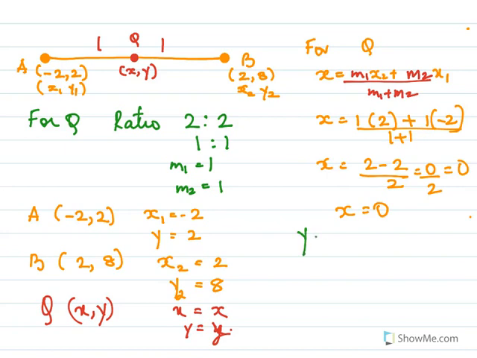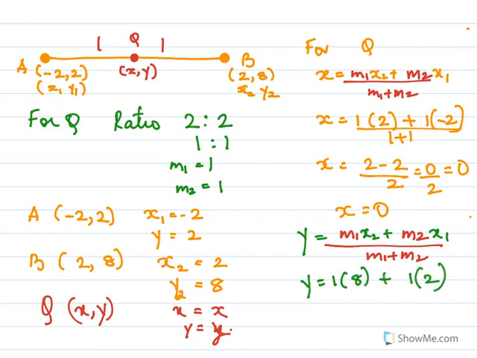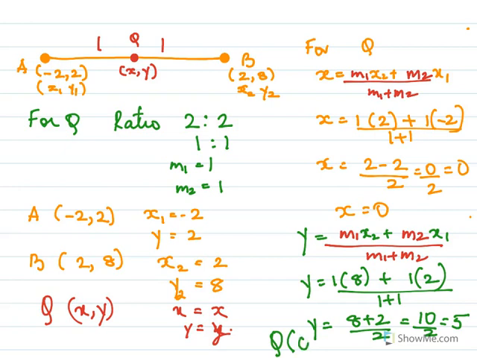Then we'll find Y. Y is M1 Y2 plus M2 Y1, so 1 into 8 plus 1 into 2 over 1 plus 1. So Y equals 8 plus 2 over 2, 10 by 2, and that answer comes as 5. So the point Q is 0 and 5.